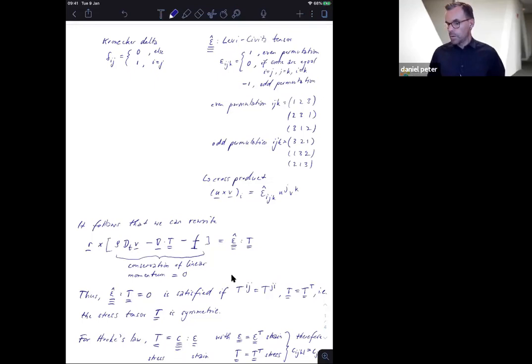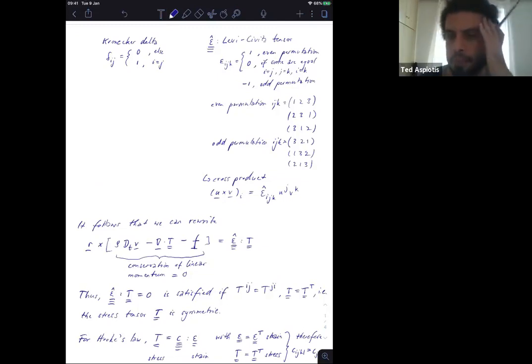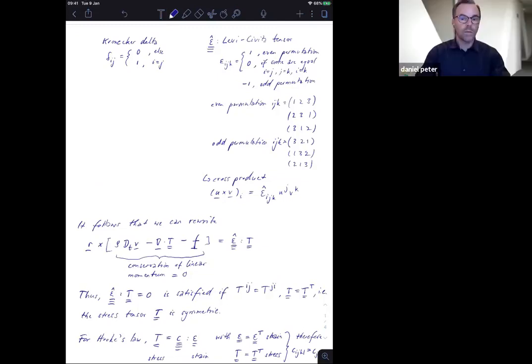So, let's see, just to get it right. This product of the Levi-Civita tensor with the stress tensor, that's this double dot product.